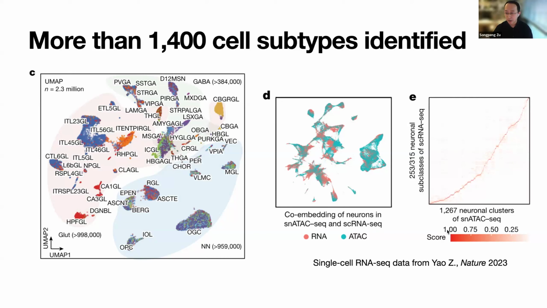If the score is near the red part, that means most of the cells in our cluster have the same subclass label in Allen's data set. So we have a nicely consistent matrix here, mapping our more than 1,000 neuron clusters to 253 neuronal subclasses. This is how we do the annotations.